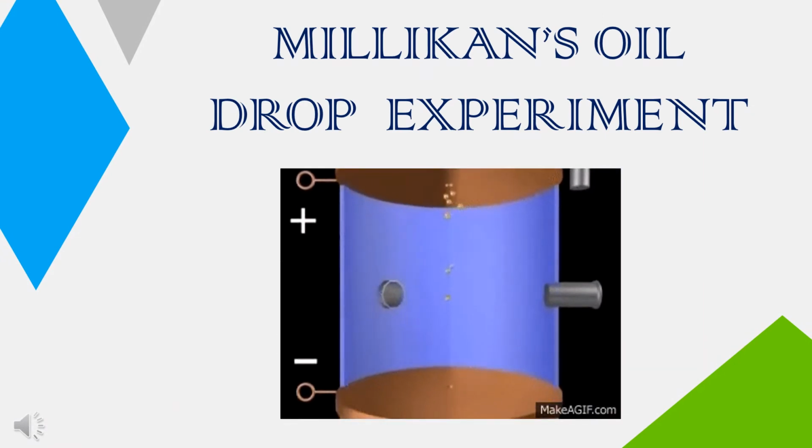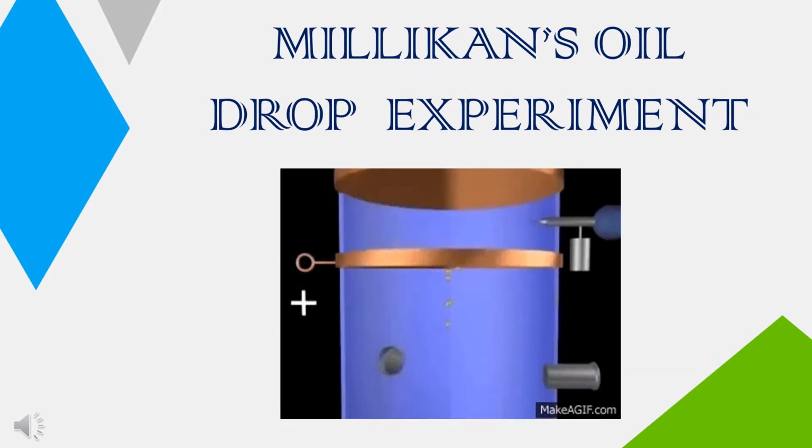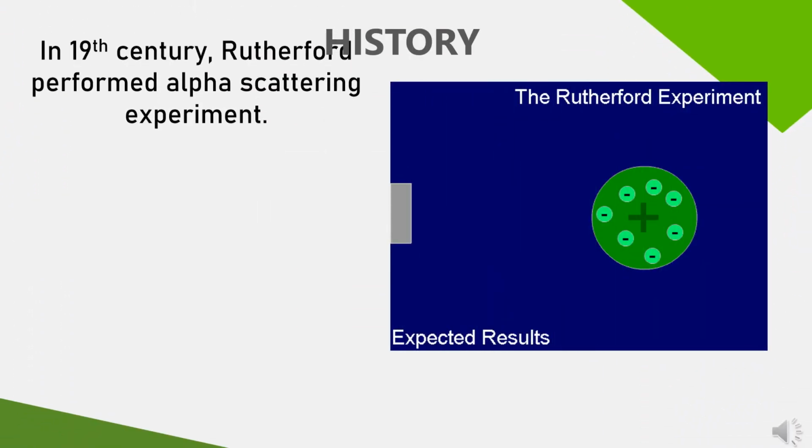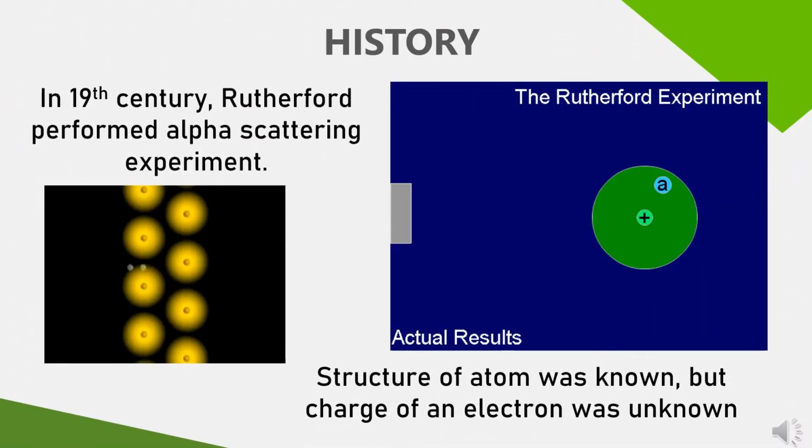Let us first look at Millikan's oil drop experiment. In the 19th century, Rutherford performed the gold foil experiment of alpha scattering. The structure of the atom was known, but the charge of an electron was still unknown.